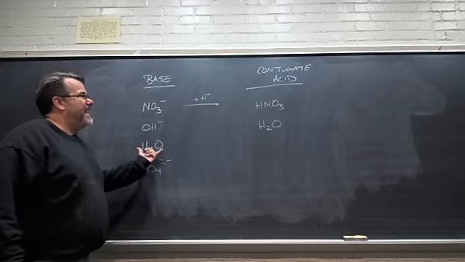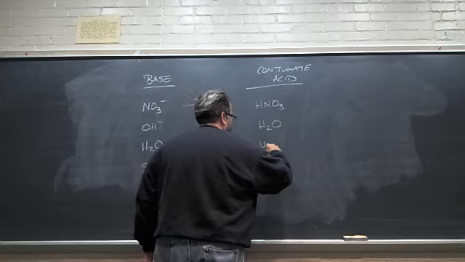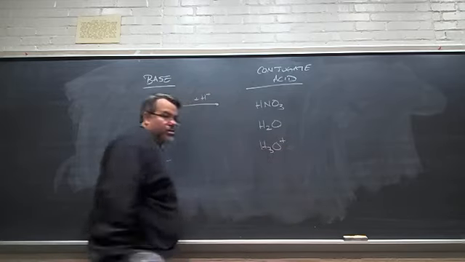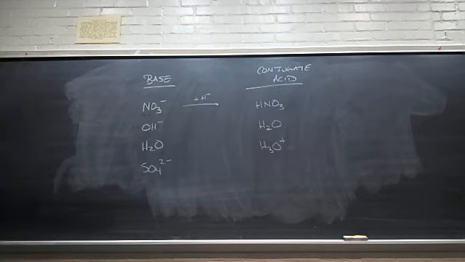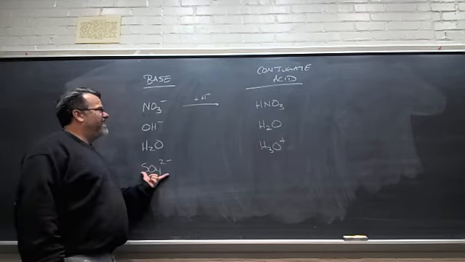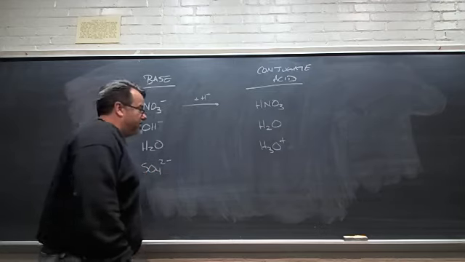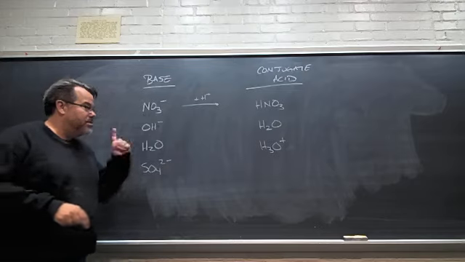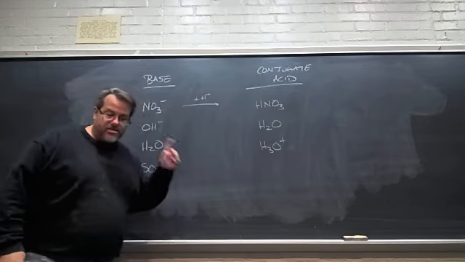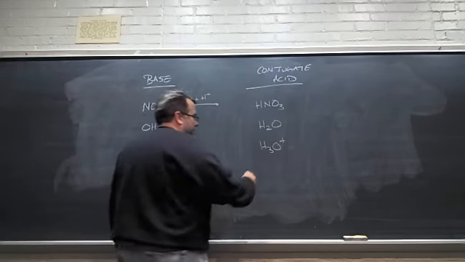For water, if we want to create the conjugate acid of water, we have to add an H plus. So this is one of those examples where it's useful to write this as H3O plus, right? And sulfate, if we want the conjugate acid of sulfate, we just add an H plus, and we don't add two H pluses. With Bronsted-Lowry acids, when we're doing these reactions, we'll always add hydrogen ions one at a time. Right?